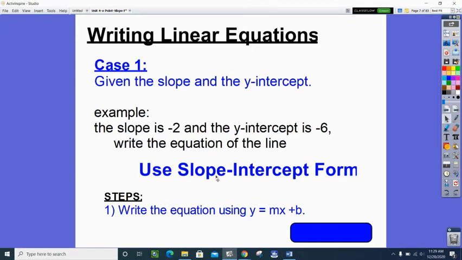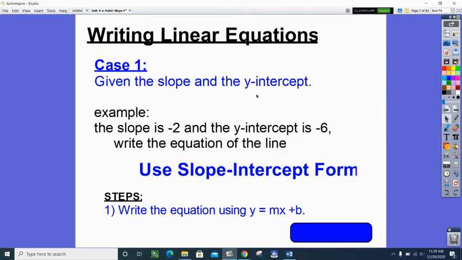So the usefulness of the slope-intercept form is when you are given a problem where you see the rate of change, you see something changing, like the hot air balloon that was leaving Jacksonville, Florida, and we knew the rate it was rising, I think it was feet per minute there, then that would be the rate of change.